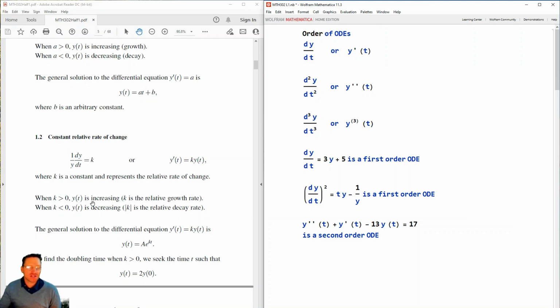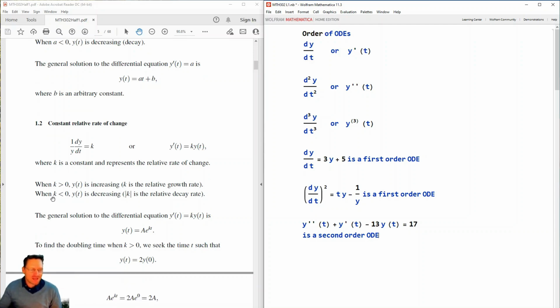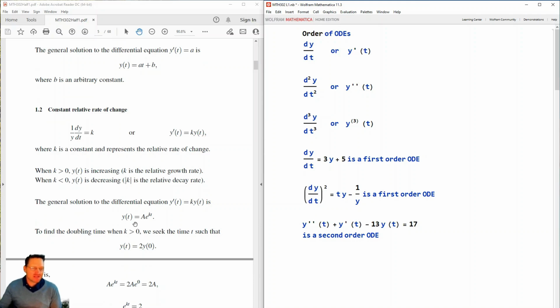When k is positive, y of t is increasing with respect to time. And when k is negative, y is decreasing with respect to time. Okay, so let's have a look at an example of this in the solution. When we solve this differential equation, and we'll learn how to do that very soon, we get y of t is equal to a constant times e to the power of kt.